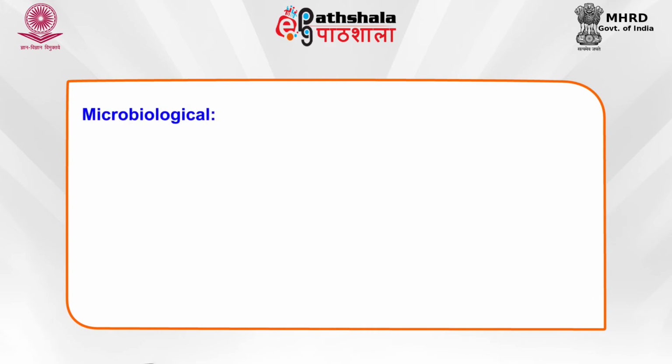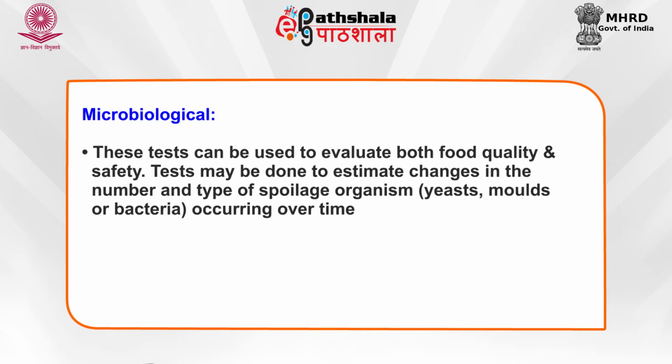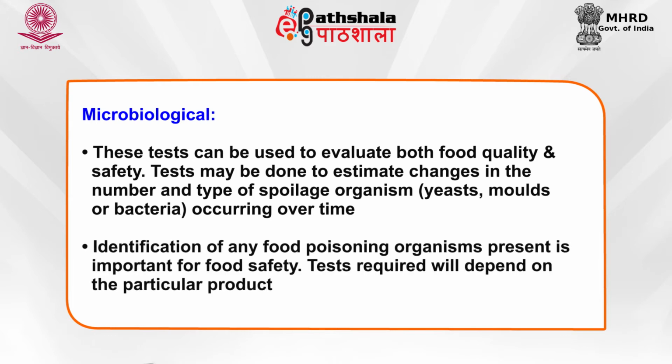And coming to the microbiological tests. These tests can be used to evaluate both food quality and safety. Tests may be done to estimate changes in the number and type of spoilage organisms, generally yeast, molds or bacteria, which are occurring over time. Identification of any food poisoning organisms present is important for food safety.